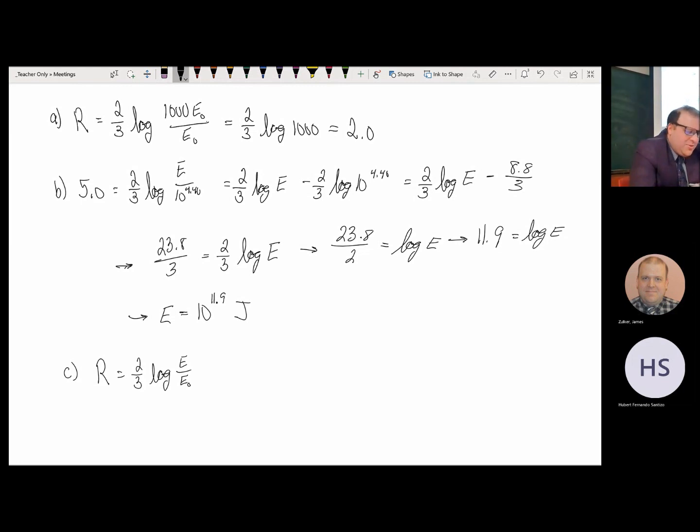To start with, R is 2/3 common log of E over E naught. Means 1.5 R is common log of E over E naught. So 10 to the 1.5 R is E over E naught.